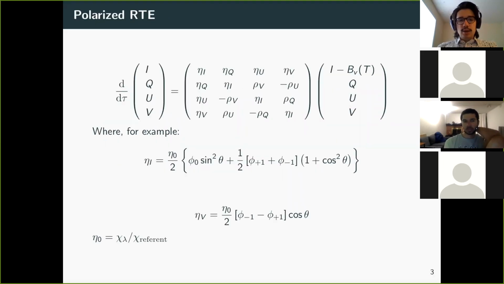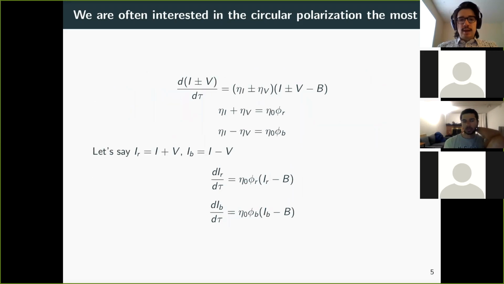Basically, I have that eta I plus eta V obeys the radiative transfer equation, which is in a way shifted toward red. In the other case, the intensity is shifted toward blue, right? So I can make a new notation and call them I red and I blue.